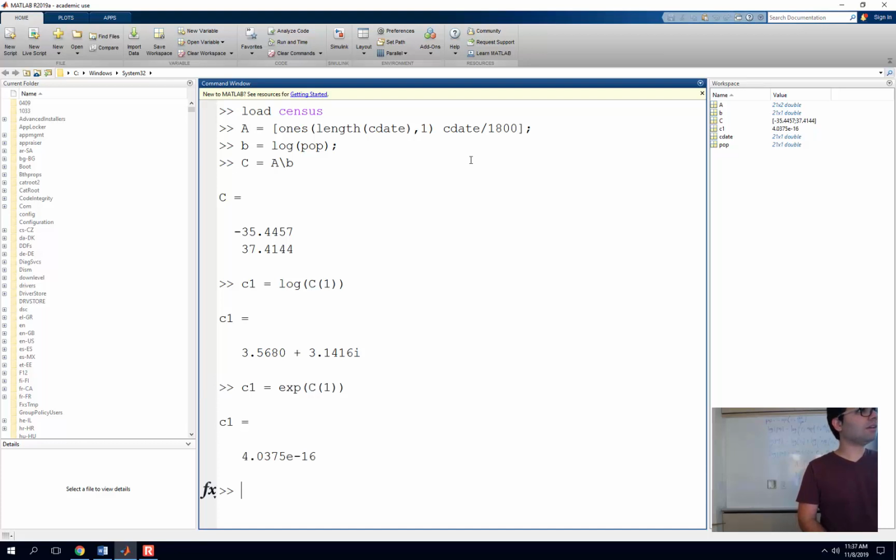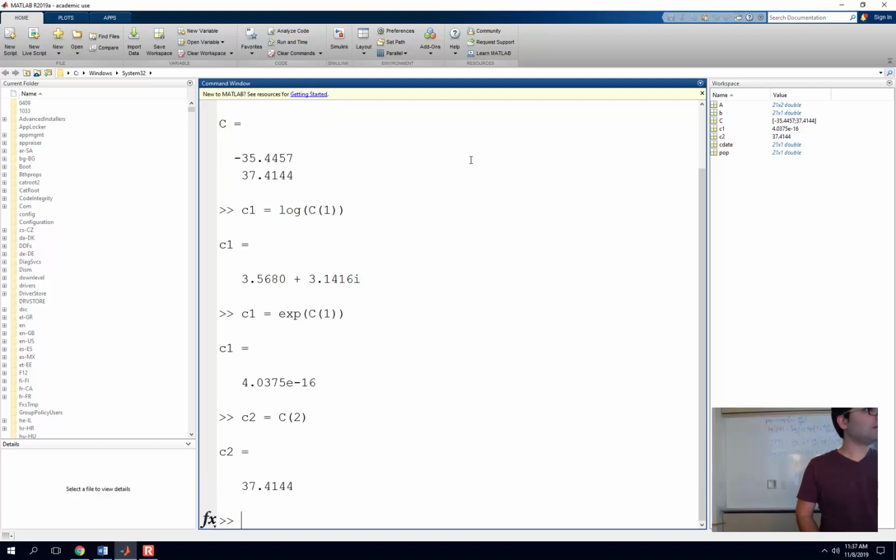That's C1. And C2 is the second element in C.